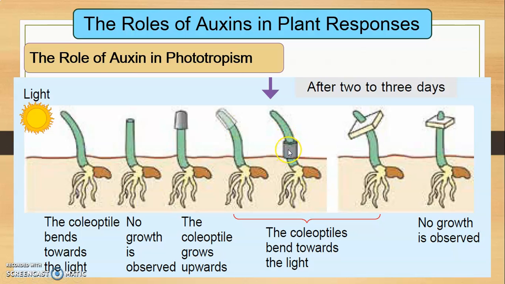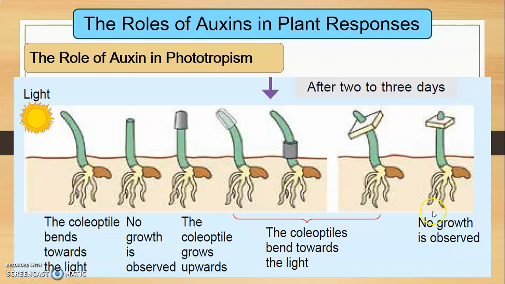But here nothing happened because auxin is produced in the coleoptile tip, not in the base. And for this one, the coleoptile also bends towards the light, because this is an agar block, so the auxin can diffuse through the agar block, and then it will cause the elongation of the cells.